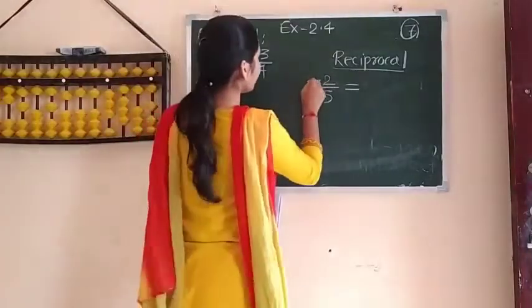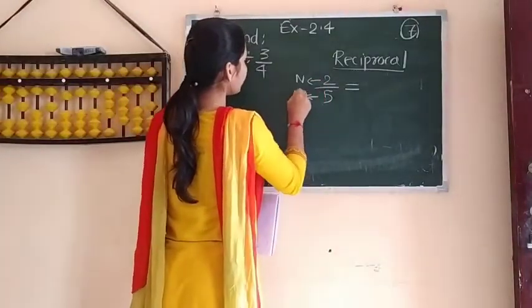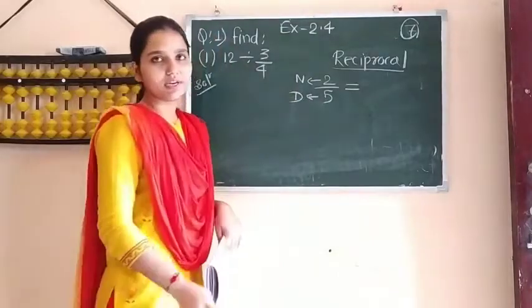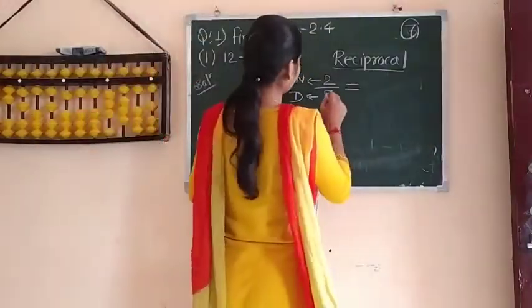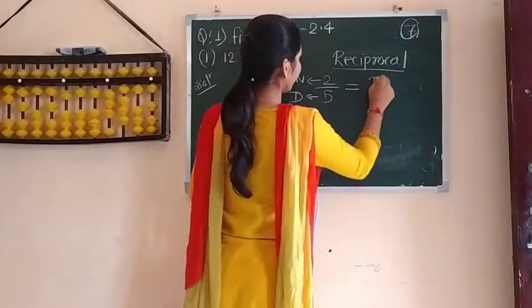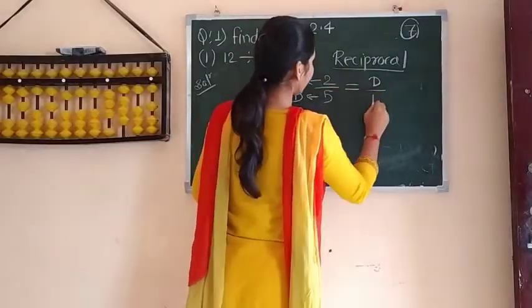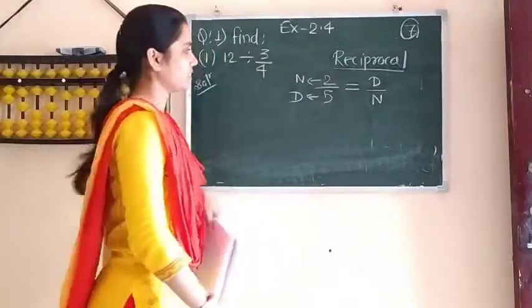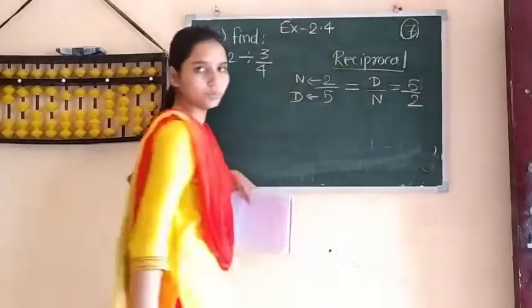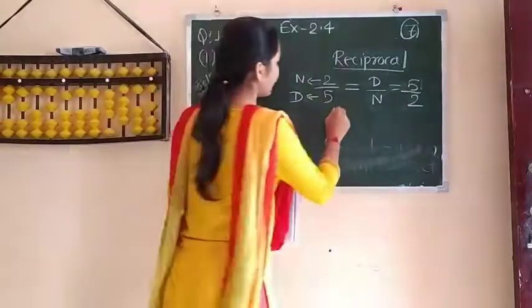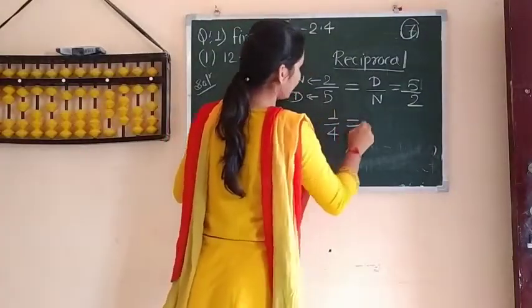See, you can see here 2 is numerator and 5 is denominator. So whenever the question comes to write reciprocal, what you will do? This denominator you will write at the numerator's place and numerator you will write at the denominator's place in this way. So what is the answer? 5 upon 2.